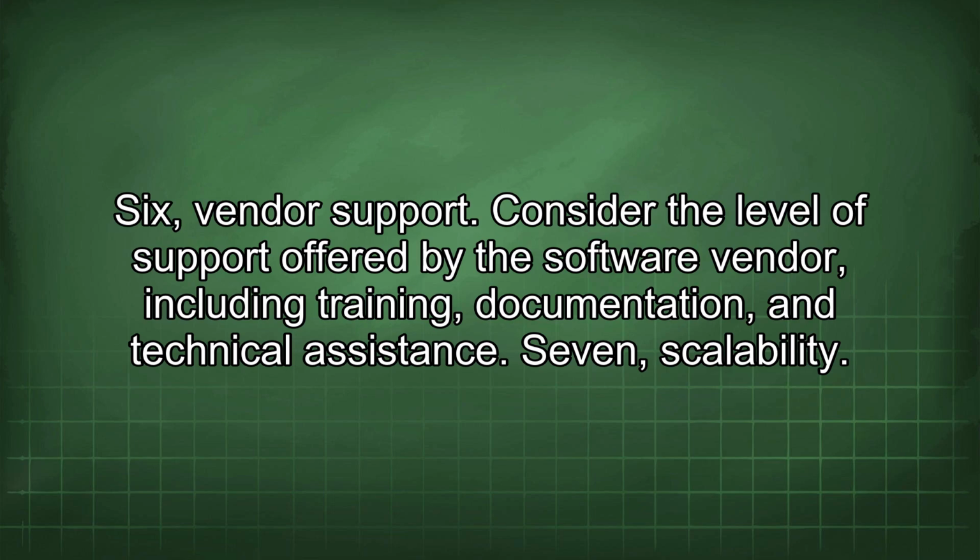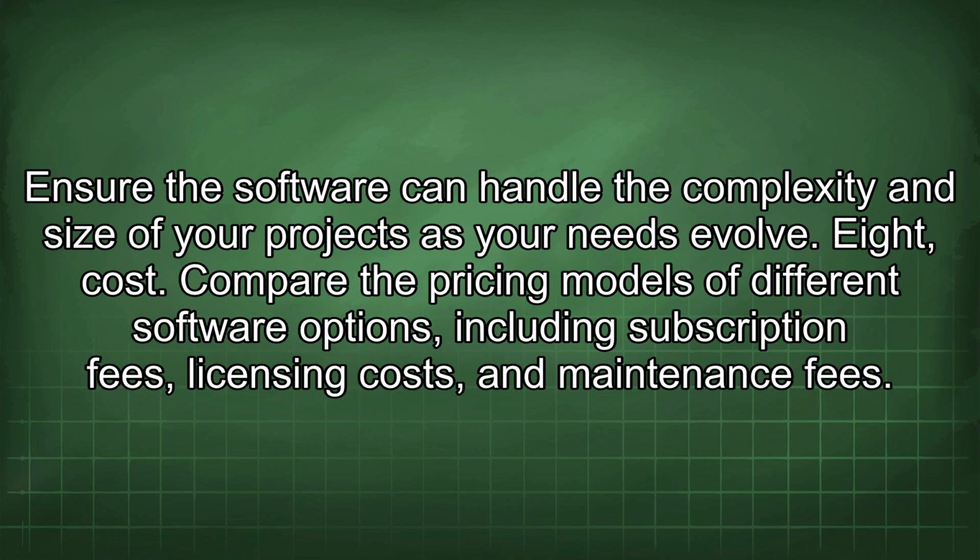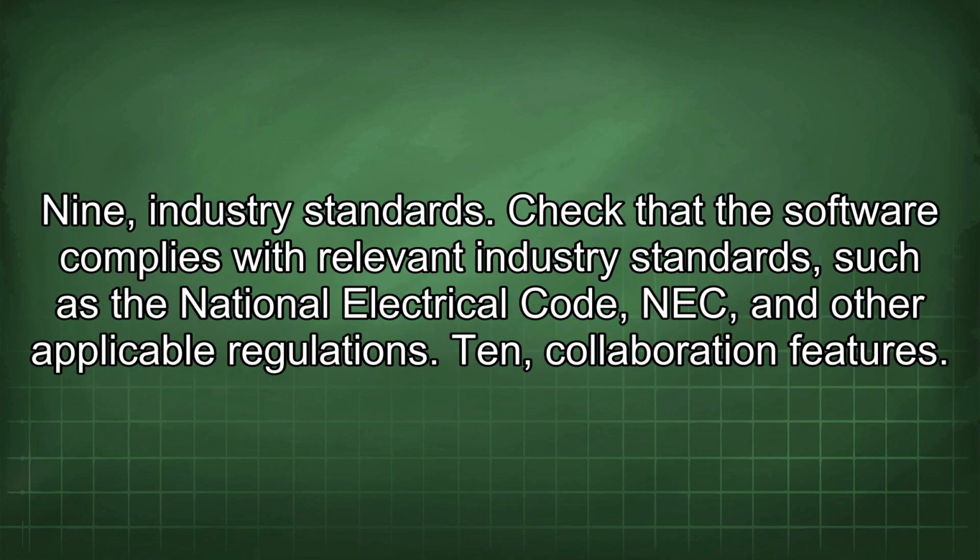7. Scalability. Ensure the software can handle the complexity and size of your projects as your needs evolve. 8. Cost. Compare the pricing models of different software options, including subscription fees, licensing costs, and maintenance fees. 9. Industry standards.